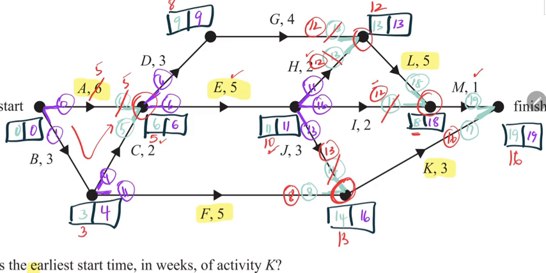So we won't do anything with this 12 because it's already less than 16. Because I is not a reducible activity, we really can't change that. Whereas if we want this value to be 15, that means this should be 15. And 15 plus 1 will make it 16 at the end of M.